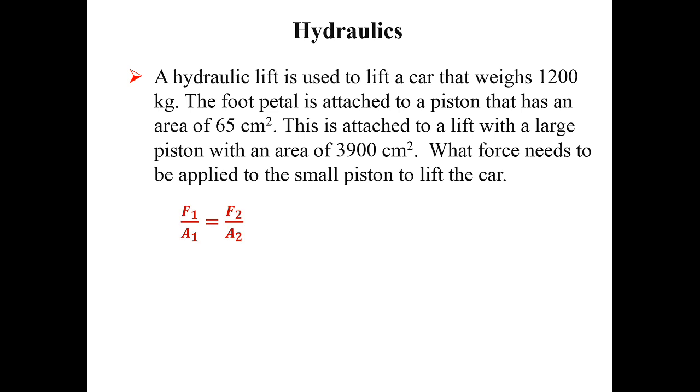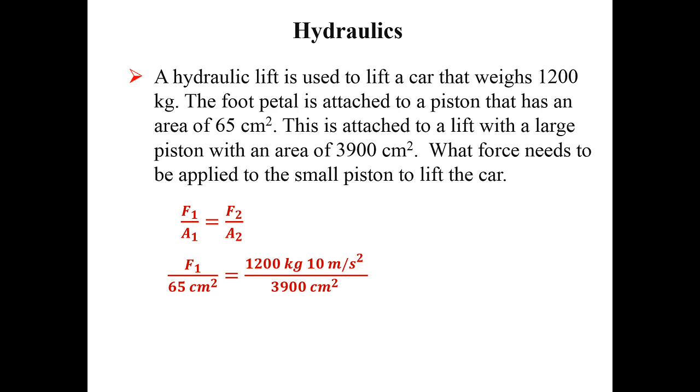Well, I'll start by writing down my formulas for the force of a piston. I'll call force 1 the force I need to apply, and divide it by the area of 1, and that is equal to the force 2 divided by the area 2. If I plug in my numbers, I get force 1 divided by 65 square centimeters equal to the weight force, so 1,200 kilograms times the gravitational acceleration, 10 meters per second squared, divided by 3,900 centimeters squared, the area of the second piston.